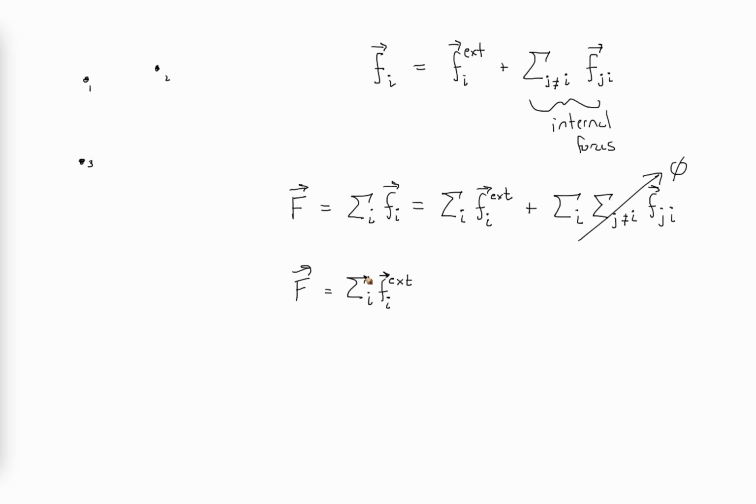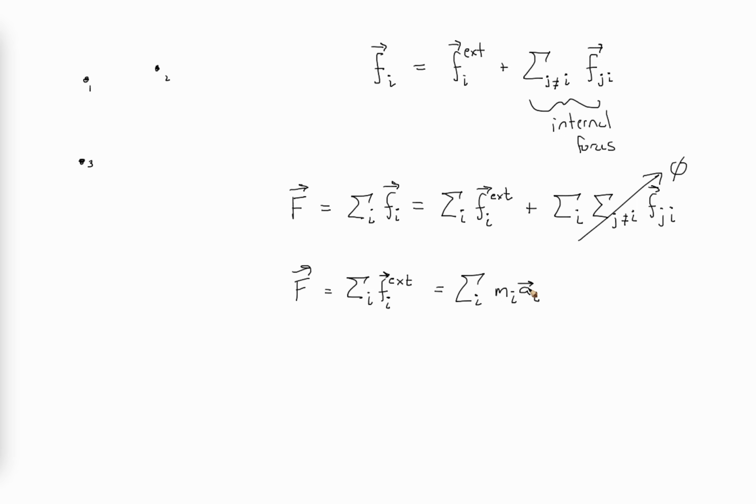And so let's see if we can work on this a little bit. We'll see how this leads naturally to the idea of center of mass. What we can do here is think of this as the sum over all the particles of the mass of each particle times the acceleration of each particle. We're just writing F equals ma for each individual particle.